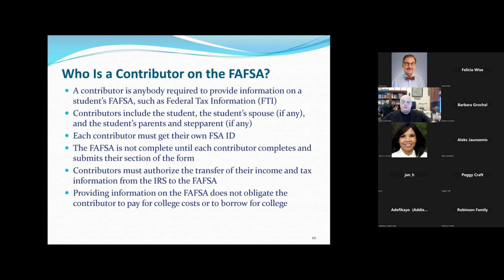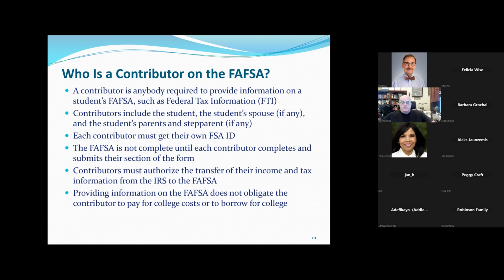Now, there are several new terms on the FAFSA, one of which is contributor. Anybody who provides data on the FAFSA, that's the student, the parents, and the student's spouse if they're married, is considered to be a contributor.